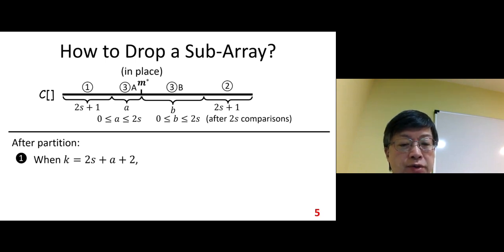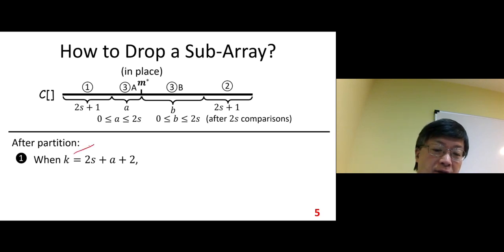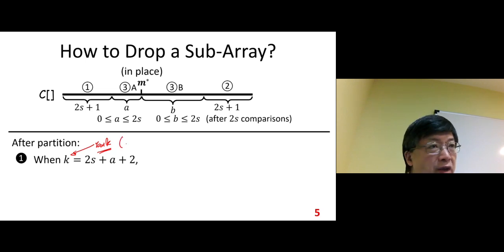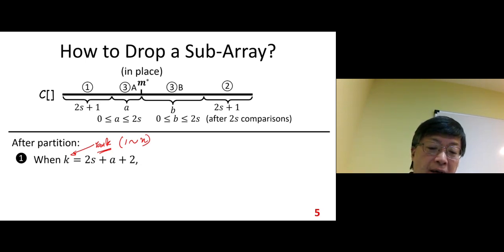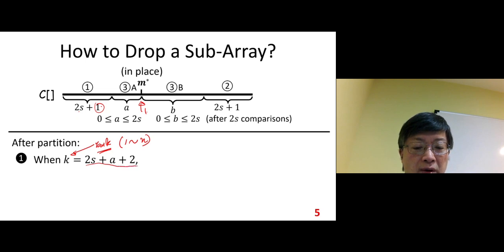If k equals 2s plus a plus 2, where k is the rank number in the range from 1 through n: 2s plus a plus 1, plus m star, which is another one, gives 2s plus a plus 2.